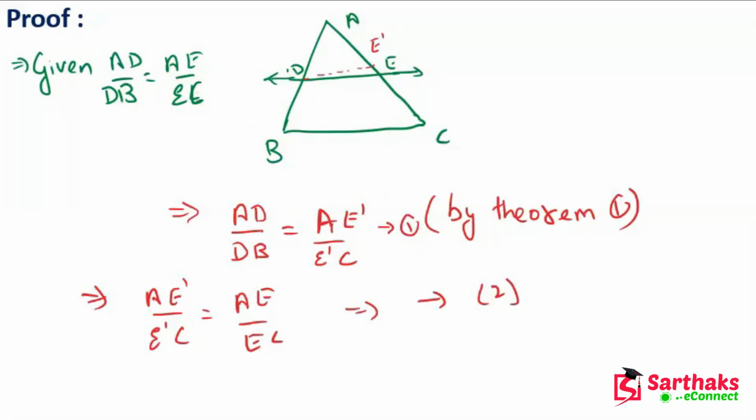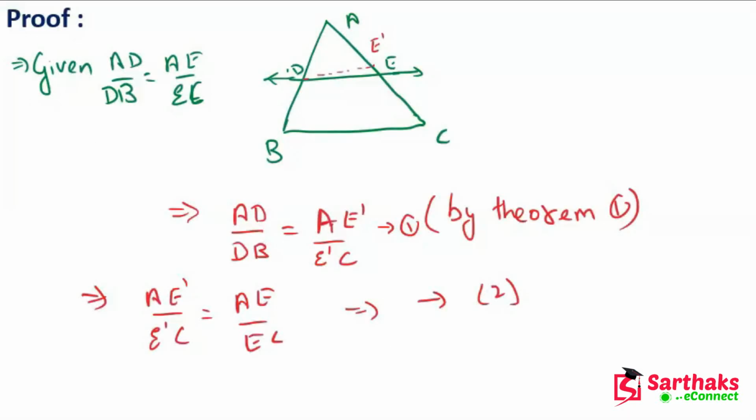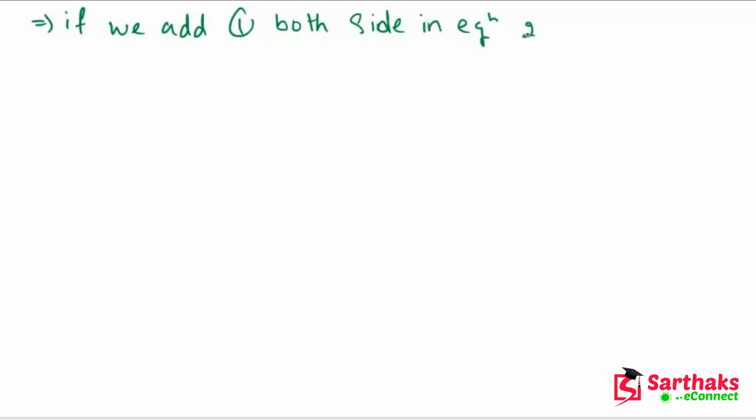Now after comparing these equations, in the second equation, if we add 1 to both sides, then we get AE upon EC plus 1 is equal to AE dash upon E dash C plus 1.